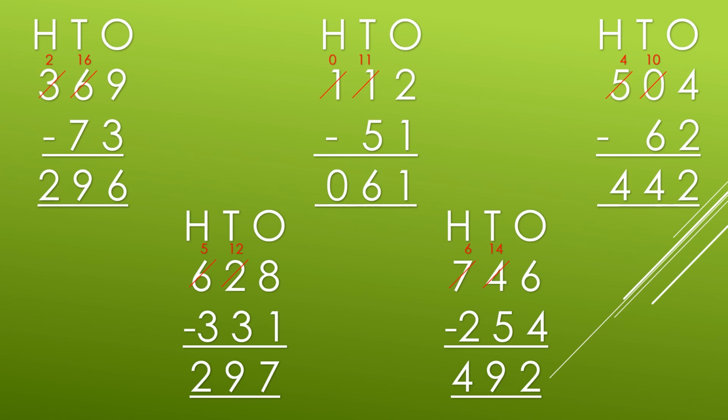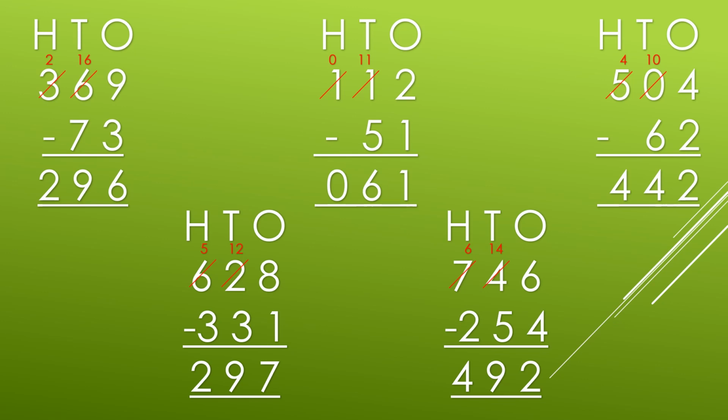Write 4 under tens and now subtract hundreds. In hundreds only single number 4 is there, so we will write 4 under hundreds. So answer is 442.